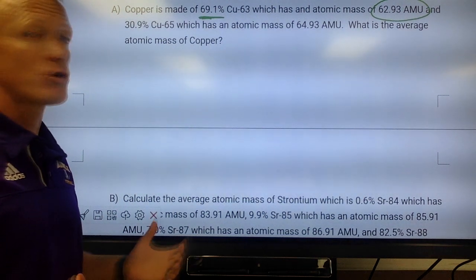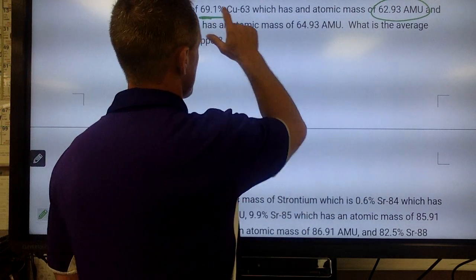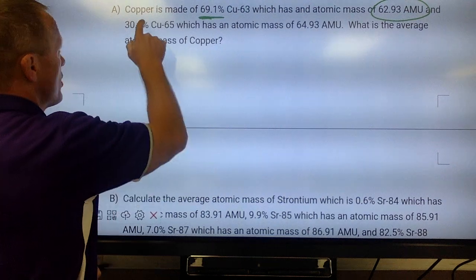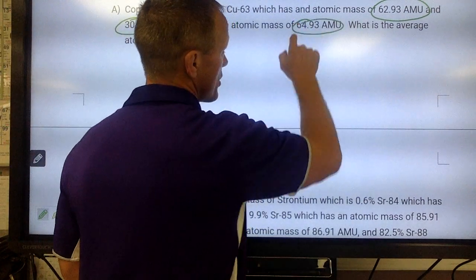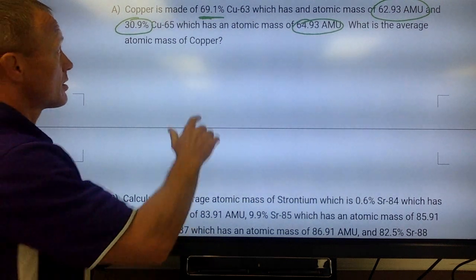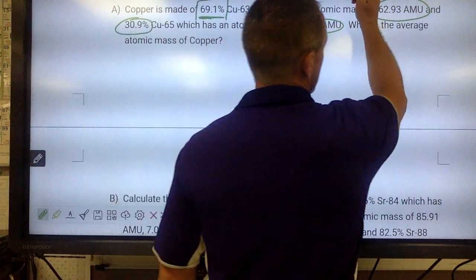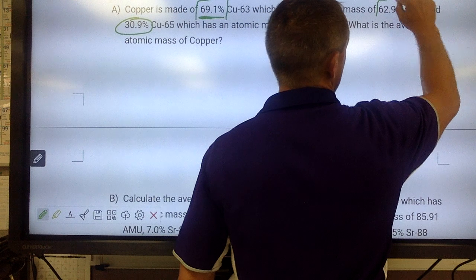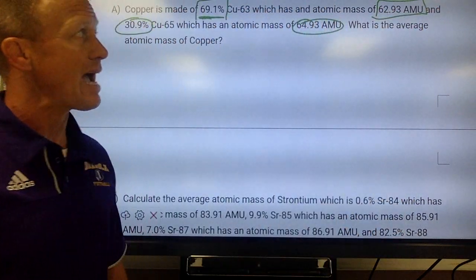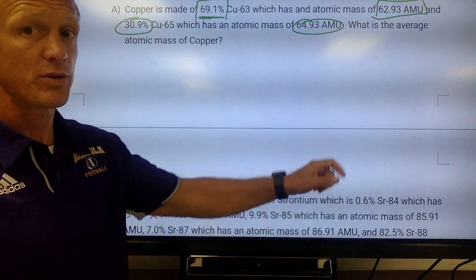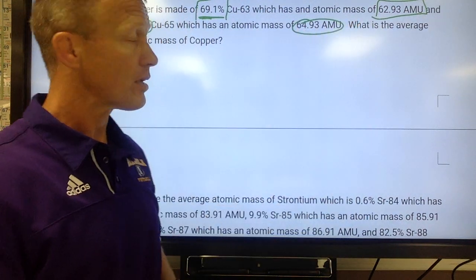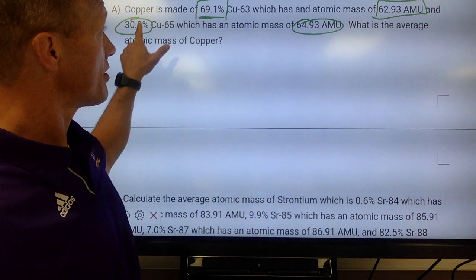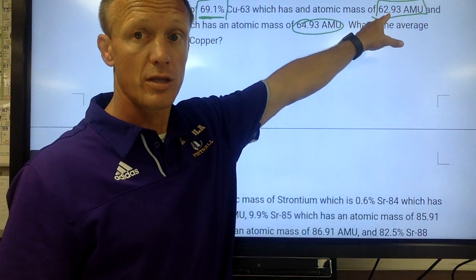So of all the copper isotopes on Earth, 69% of them weigh that much. The other 30.9% weigh this many AMUs. So if we think about the average of these two, the average weight has to be between 62.9 and 64.9 AMUs. There are a lot more atoms that weigh this than this, so our average should be closer to that number.